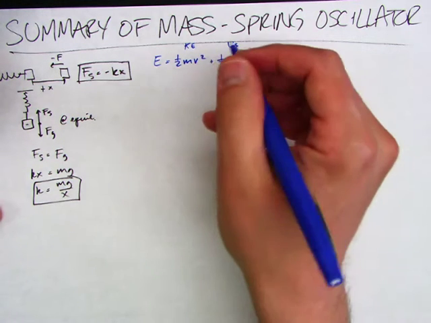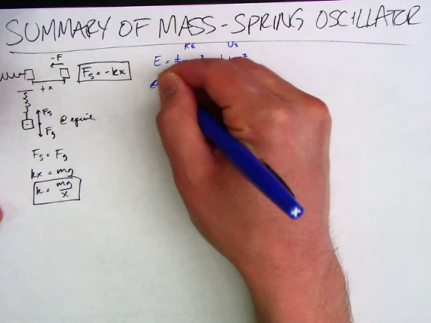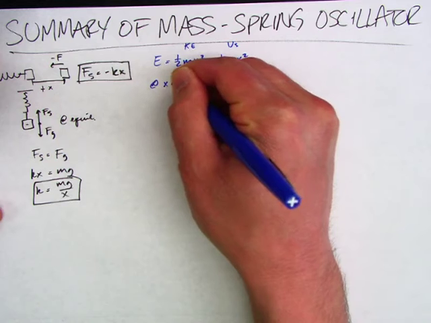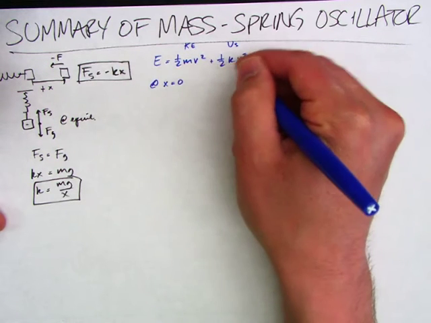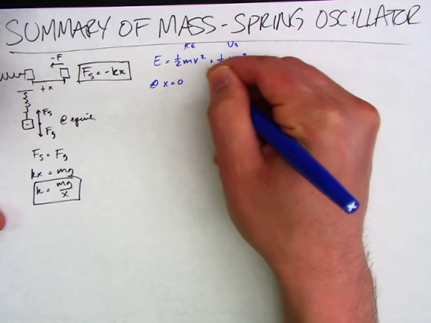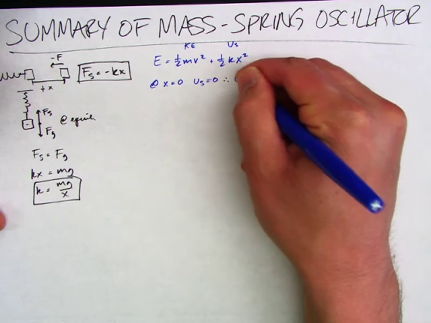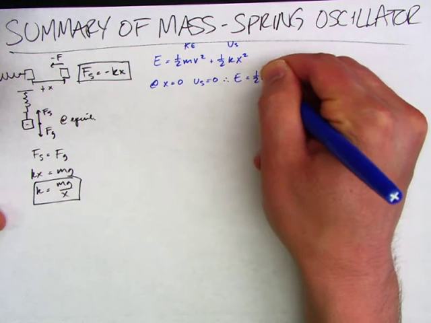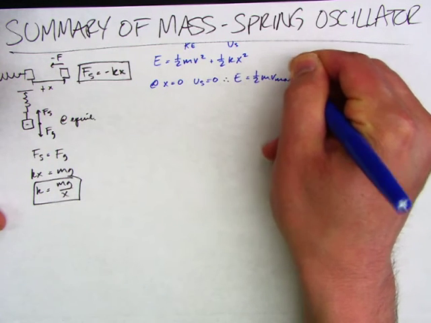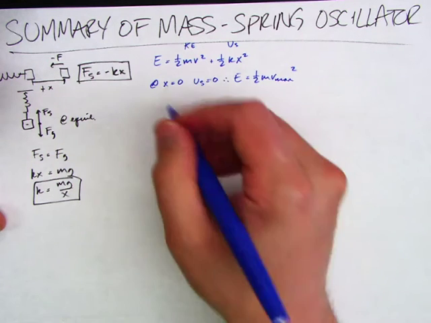And in that case, a couple points are of interest. At x equals 0, at equilibrium, I have U spring is 0, therefore my total energy is 1/2 m v max squared. So v max occurs at x equals 0.